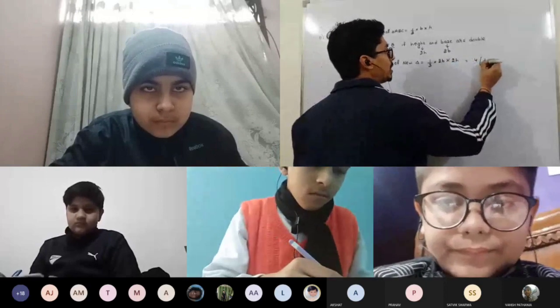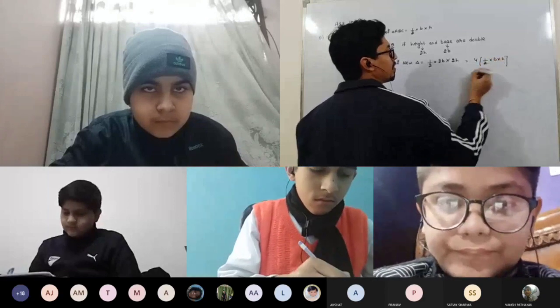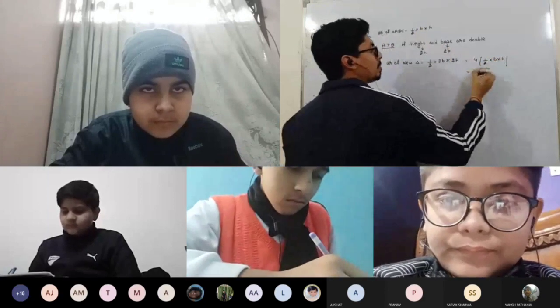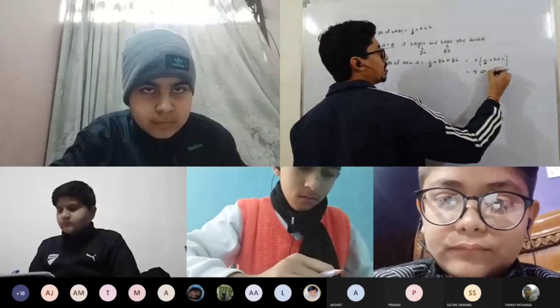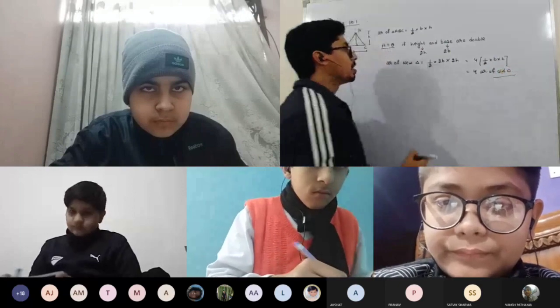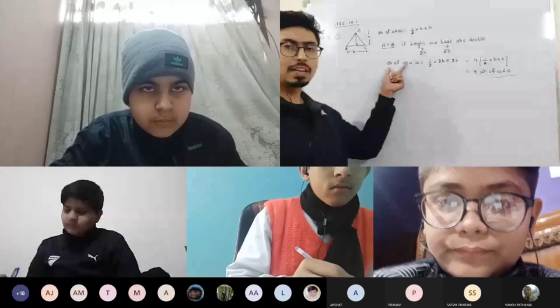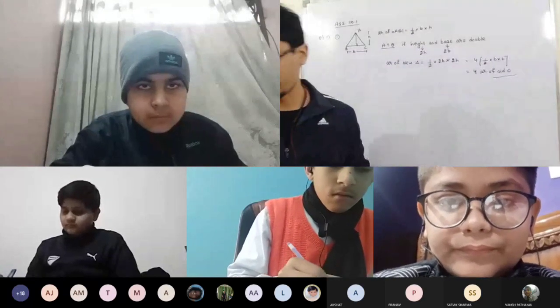So 4 into half into base into altitude. And this is our old area. So this will be 4 times the area of the older triangle. So the area of the new triangle is equal to 4 times the area of the old triangle.